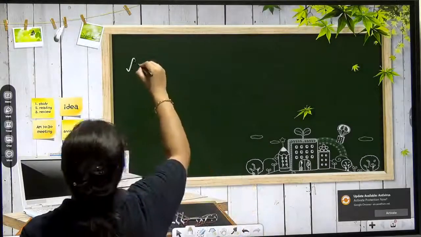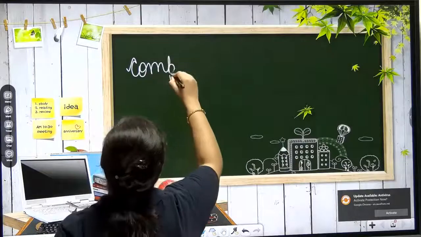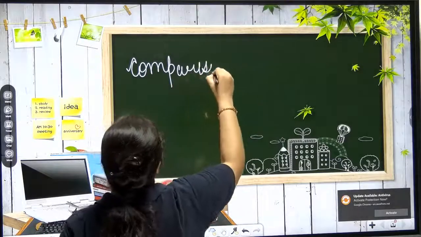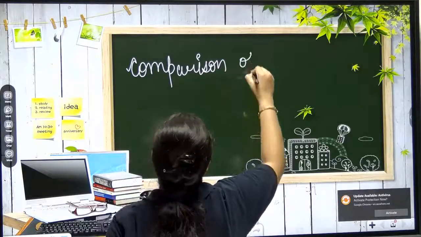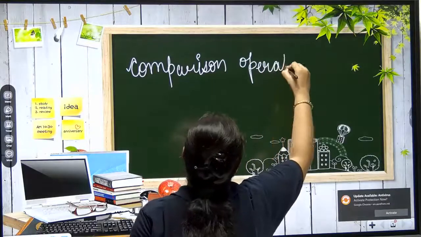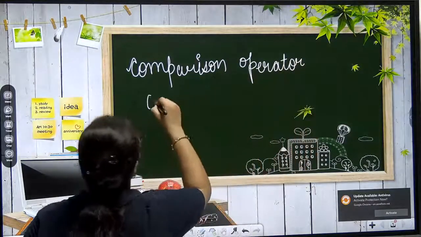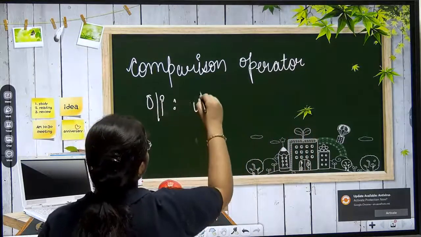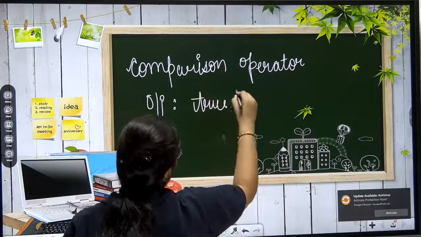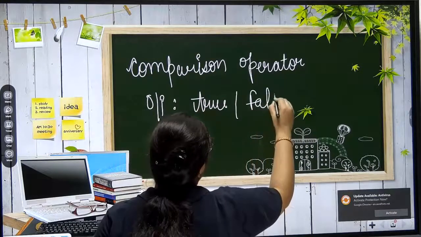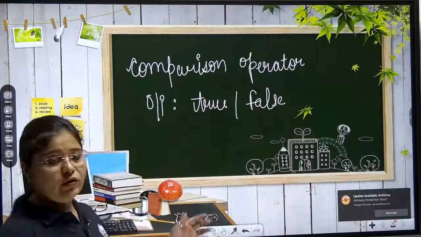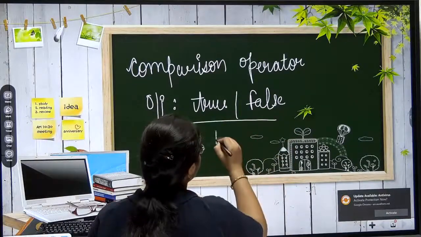So for a comparison operator, the output will always be true or false. We call this a Boolean value.